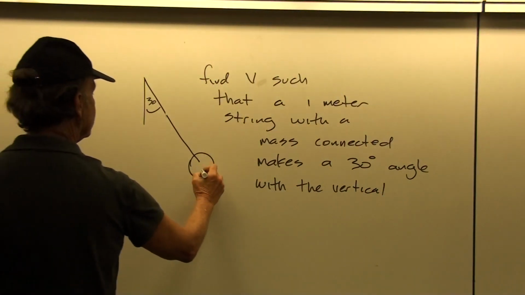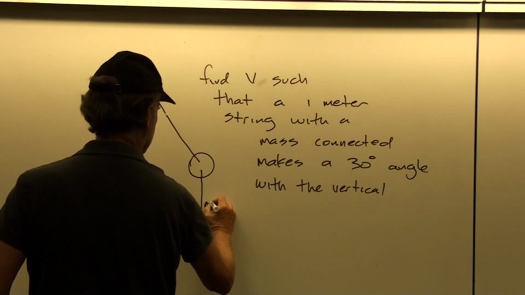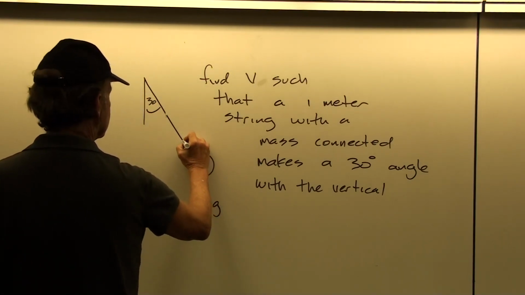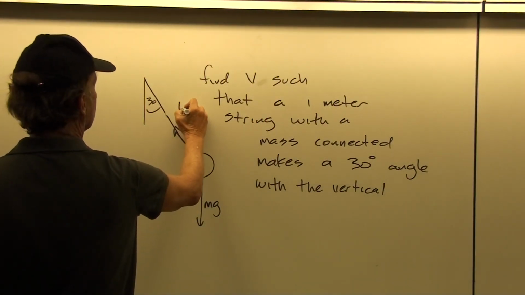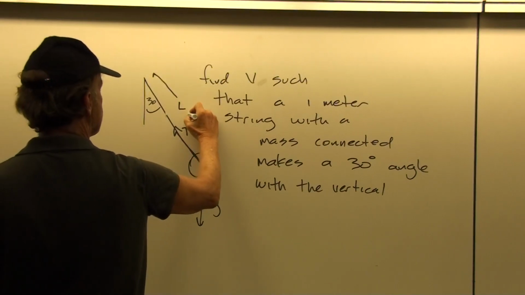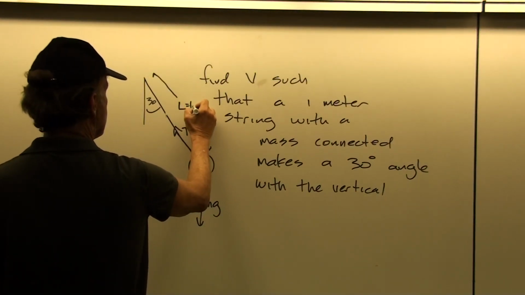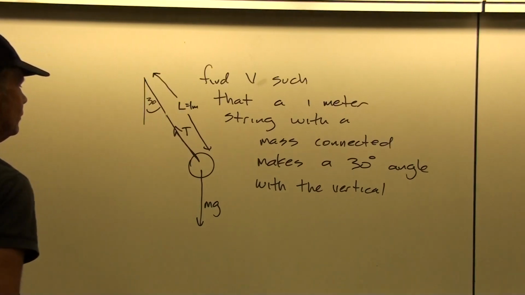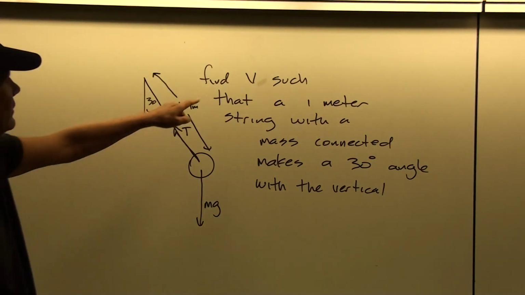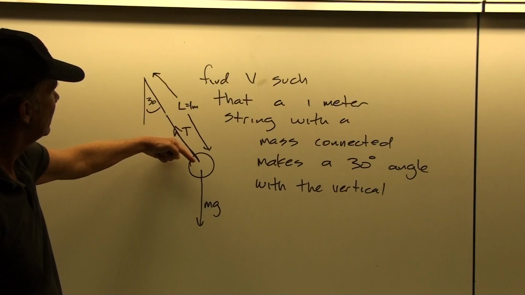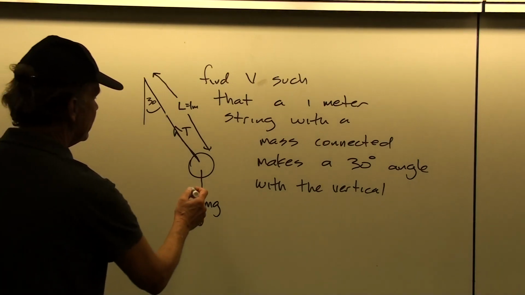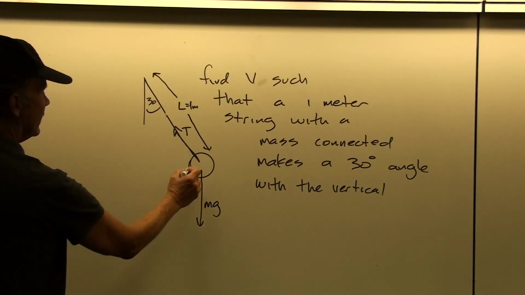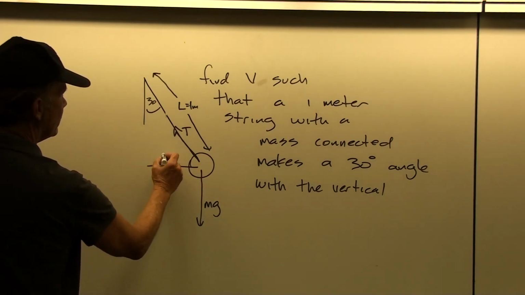Okay, so here's our mass. This is our mg here. This is our tension in the string here, T. And let's set the length L of the string equal to 1 meter. And so what we're looking for is the velocity so that the mass maintains a 30-degree angle to the vertical. What we first of all need to be aware of here is that this is the radius of the path, r.